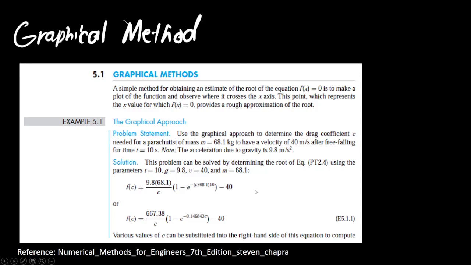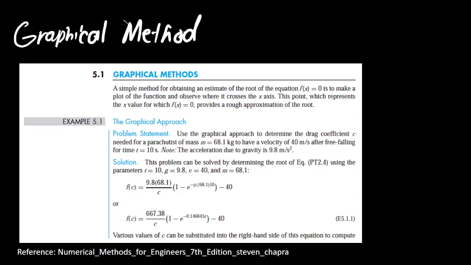This equation came from the free falling body. There is a drag coefficient giving you a delay on going down, in the case of a parachutist. It prevents him from going down fast because of the parachute that supports him. This is the equation coming from the theories in physics.